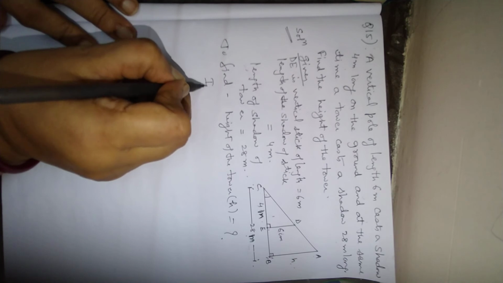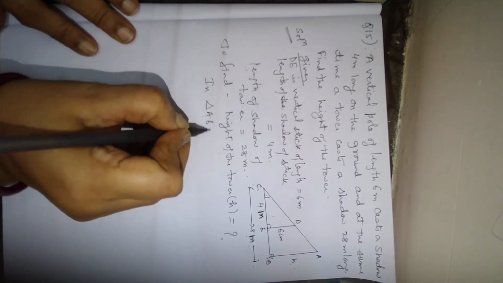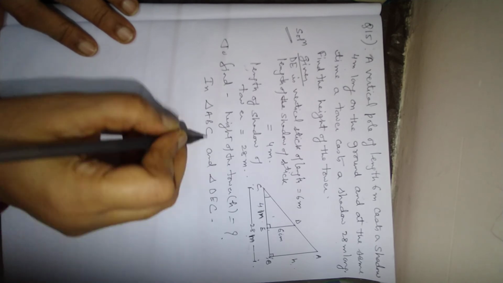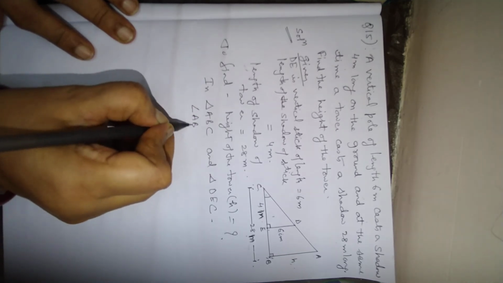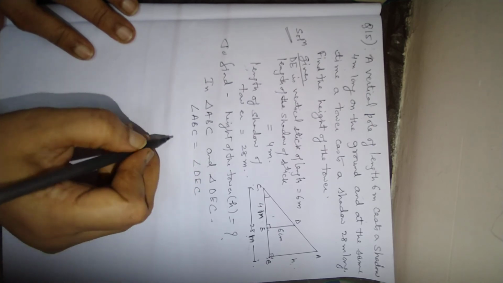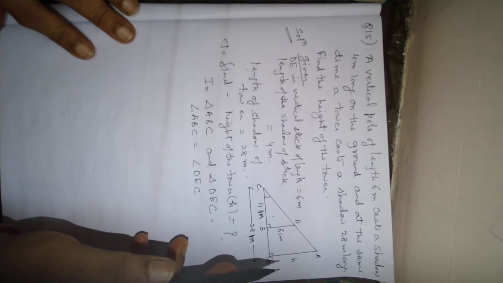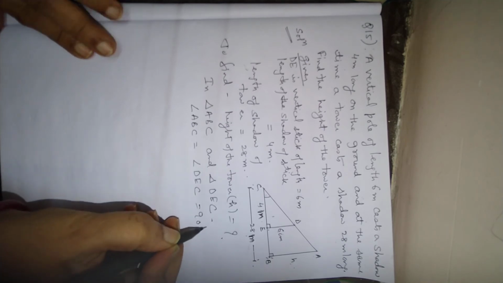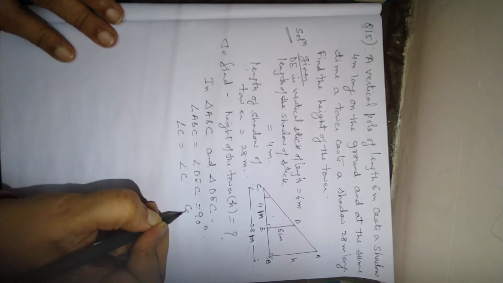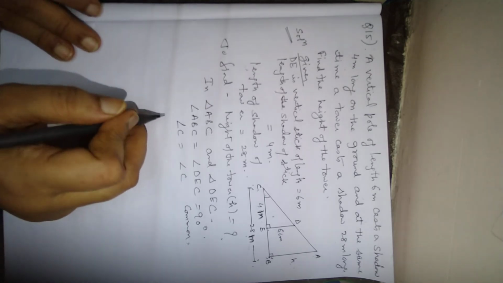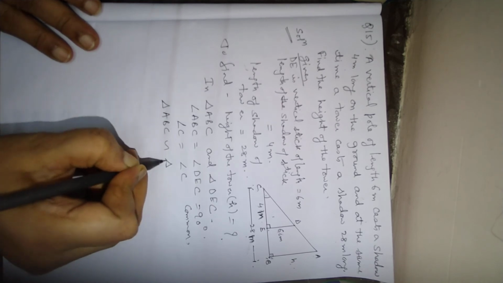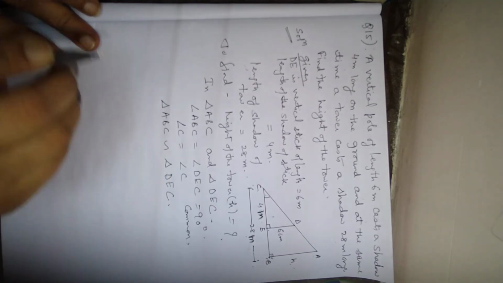So first you will write: in triangle ABC and triangle DEC, angle ABC equals angle DEC equals 90 degrees, and angle C equals angle C, that is common. So triangle ABC is similar to triangle DEC.